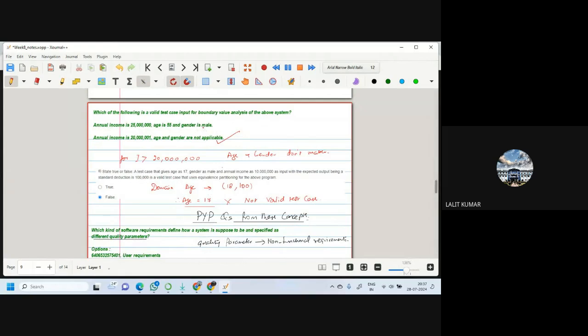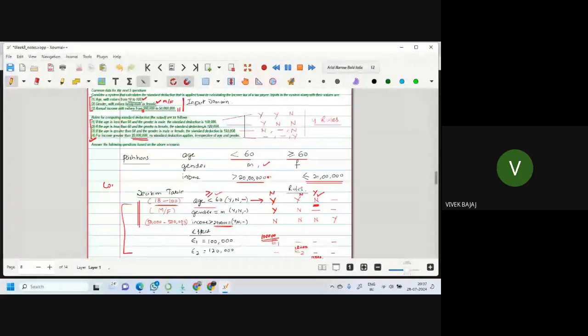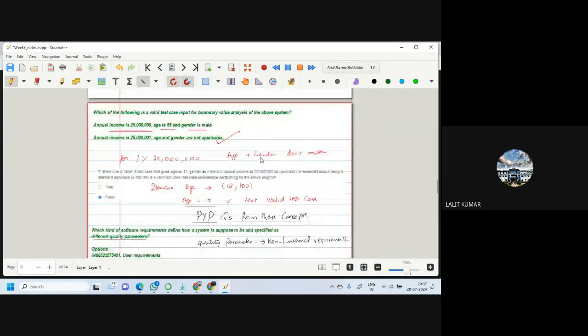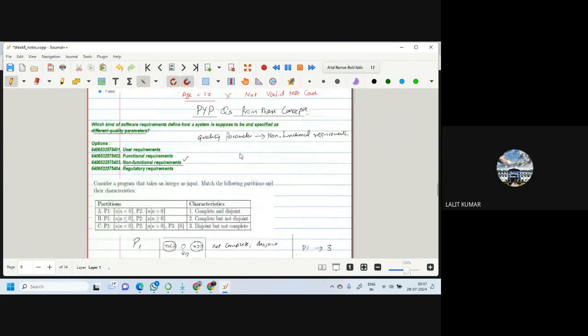Now see, for this 25 crore, your age and gender does not matter. It is clearly given, irrespective of the age and gender. That's why it is not provided.